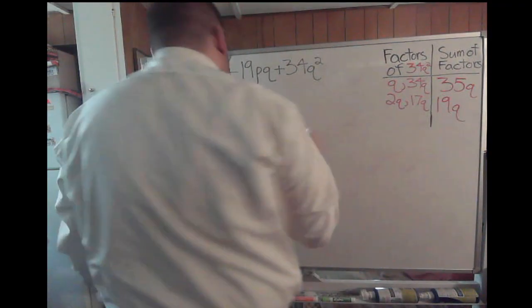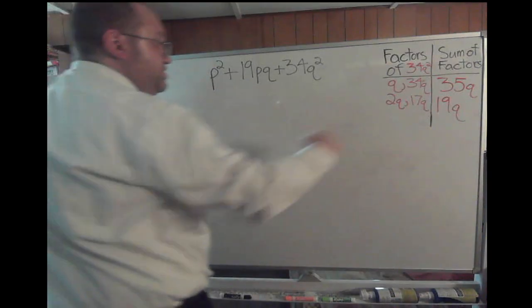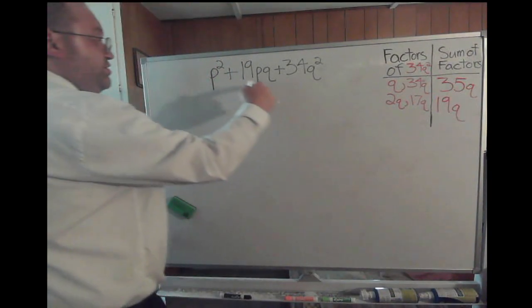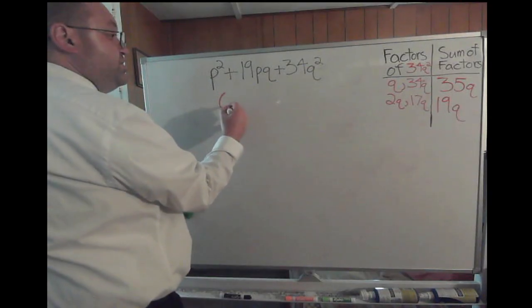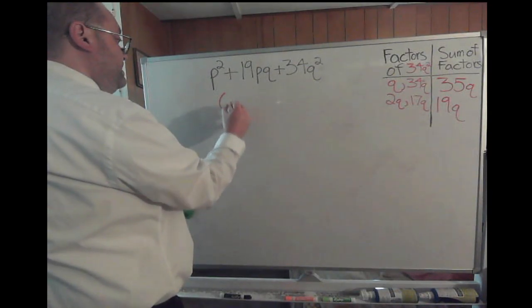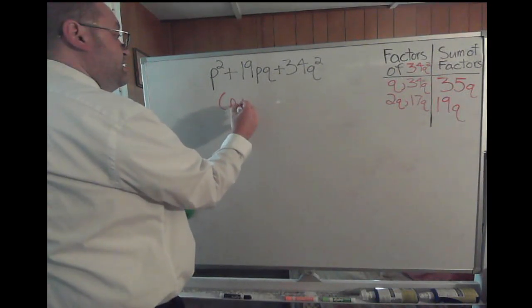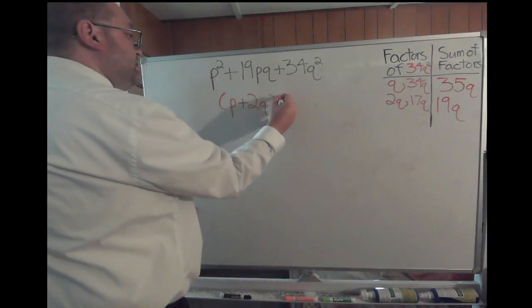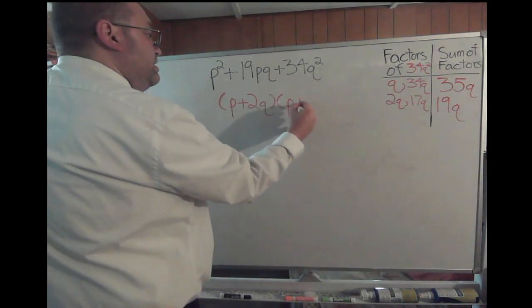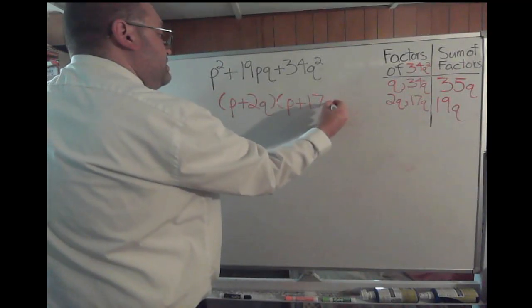The reason I say that, 2Q and 17Q give you your middle constant of 19, then you have the Q. What you're going to do now is take P plus the quantity of 2Q times the quantity of P plus 17Q.